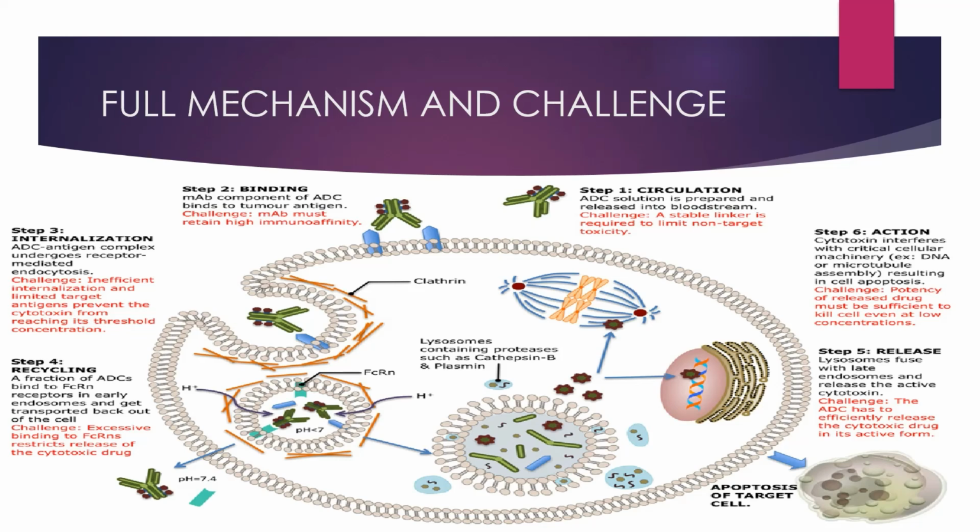immunoaffinity towards the antigen. In the third step, the internalization process occurs, in which the ADC antigen complex undergoes receptor-mediated endocytosis. In this step, the whole ADC bound to the tumor-specific antigen goes through internalization, and upon circulation it tries to form an endosome. What is the challenge in this step?